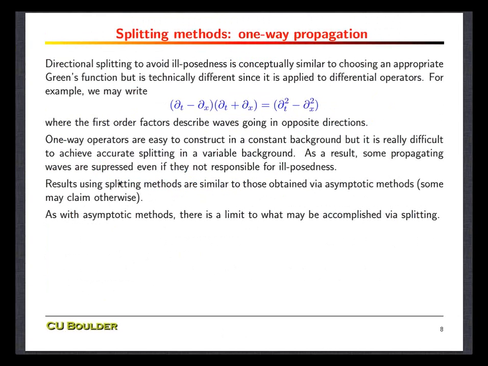Then there is another class of methods which are basically splitting methods. You replace wave propagation in two directions by propagation in only one direction. I chose a very simplistic example. If the background is constant, it's fairly easy to do such splittings.